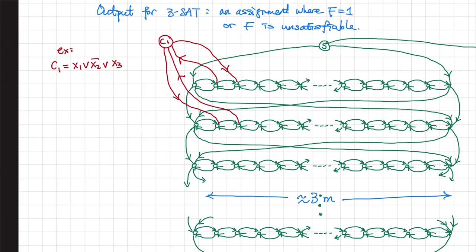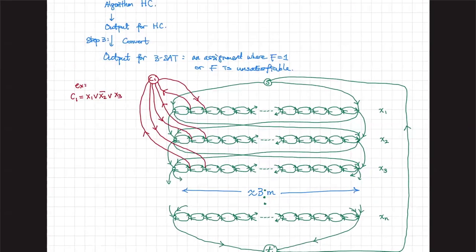And then for x3, it's positive, so I will go from left to right. So the idea here is whenever I go along a row, left to right represents 1. Whenever I go from right to left, it represents 0.